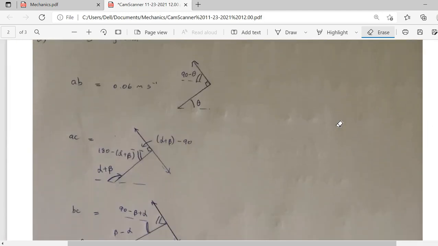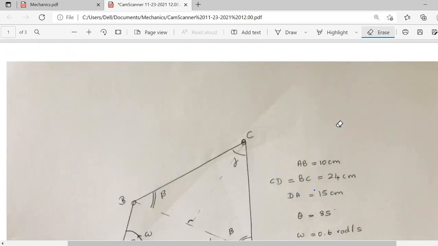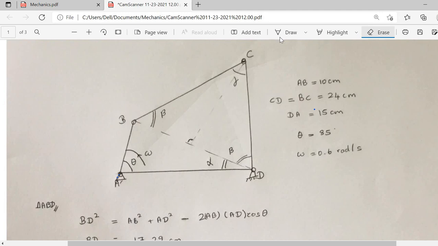From that I am getting 0.06. The main thing is we need to find the direction. You can easily find that because it would be at 90 degrees. So if I draw a horizontal line, and we take this as theta, we can directly tell this would be equal to theta. Then this would be equal to 90 minus theta. So from that you can directly find this angle.